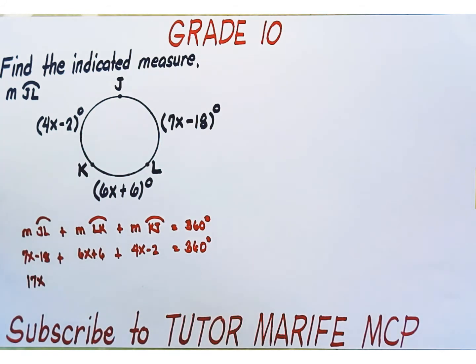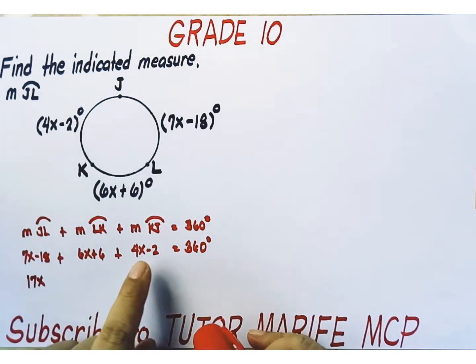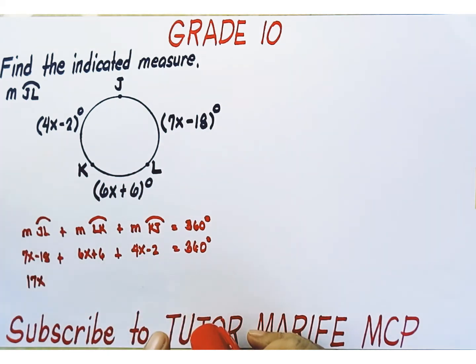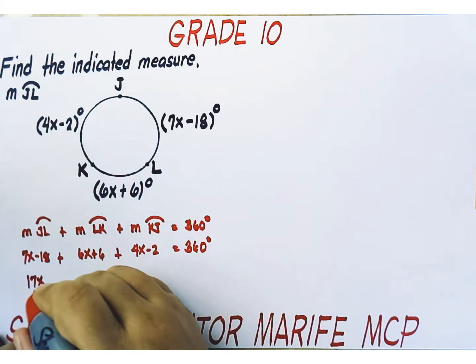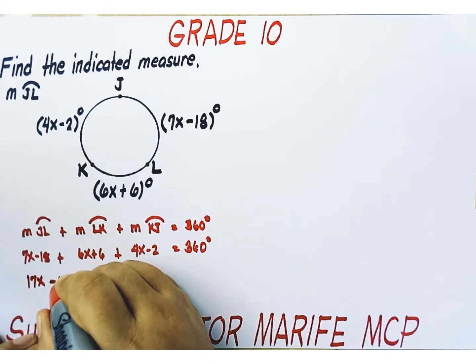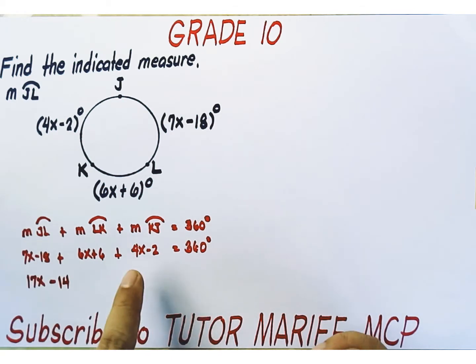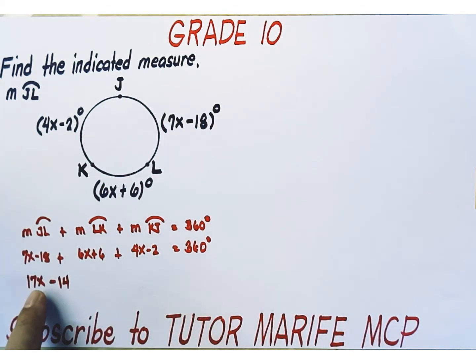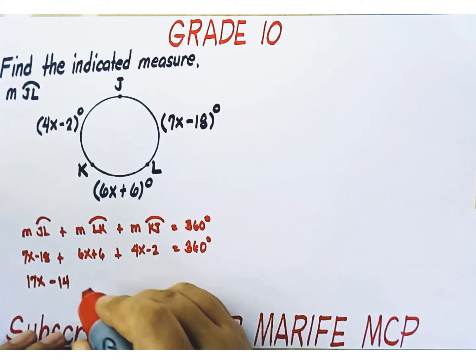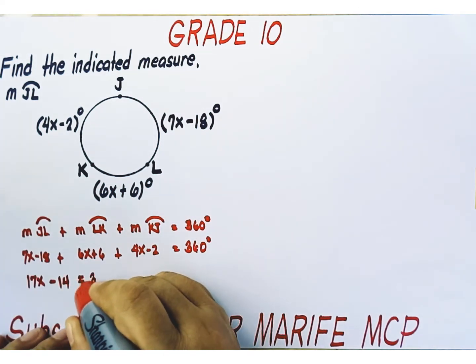Negative 18 plus 6 is equal to negative 12. Negative 12 minus 2 is equal to negative 14. Simplifying the left side of the equation, we get 17x minus 14, and this is equal to 360 degrees.